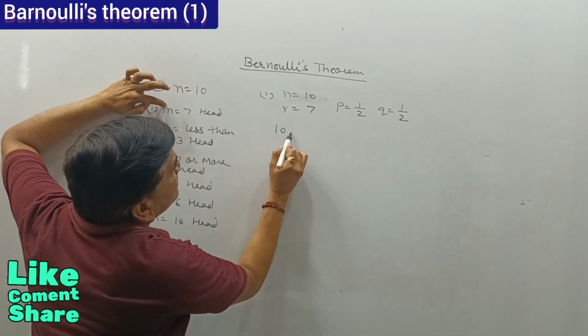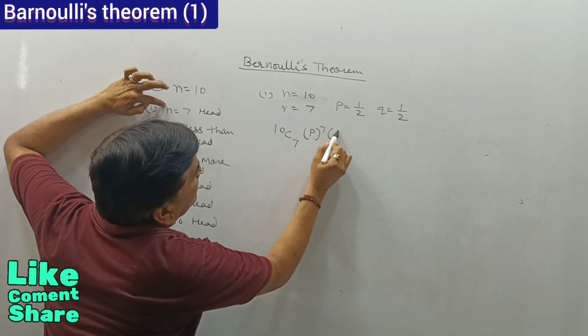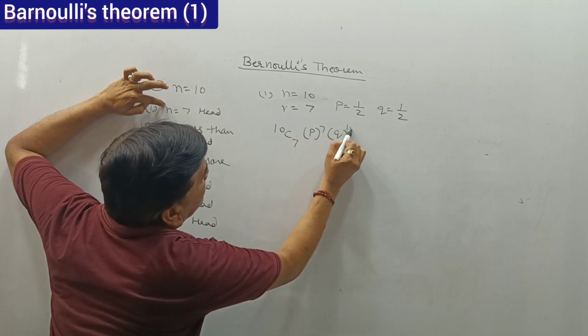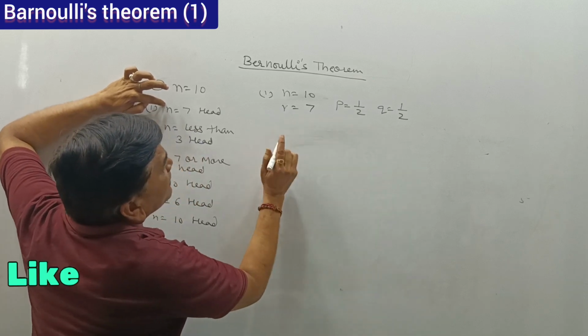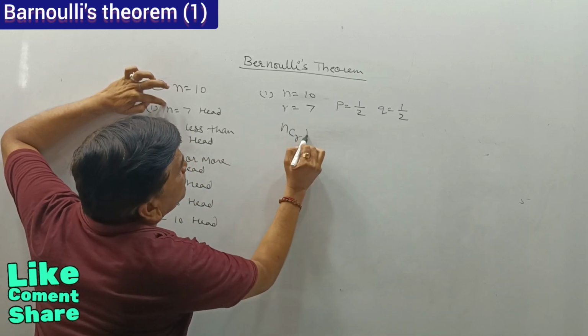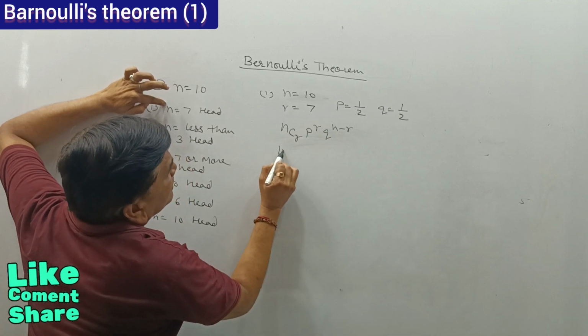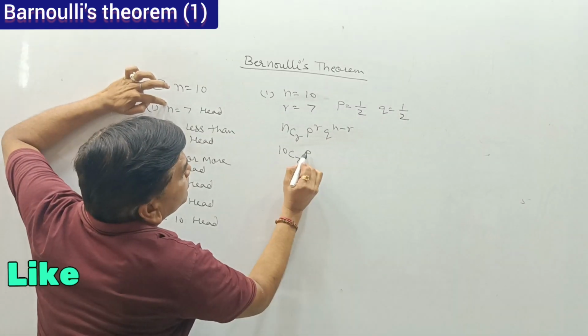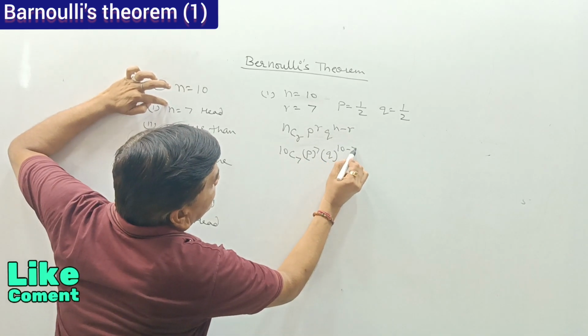So 10C7 p raised to power 7 q raised to power 10 minus 7, because the formula is nCr p raised to power r q raised to power n minus r.